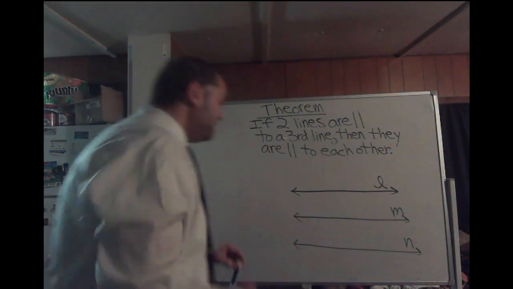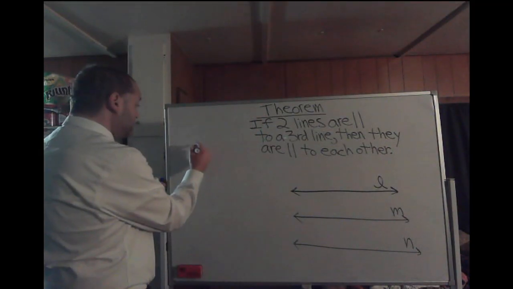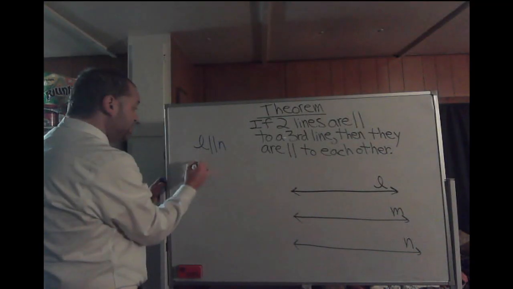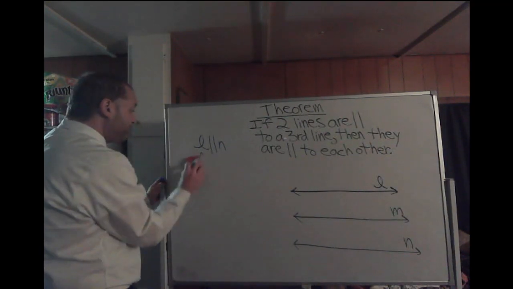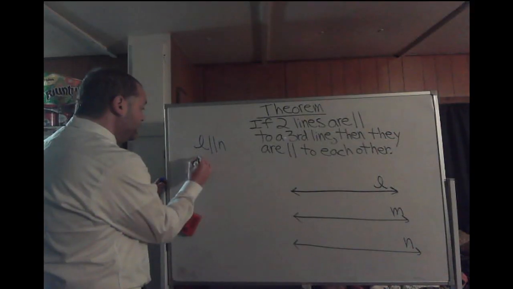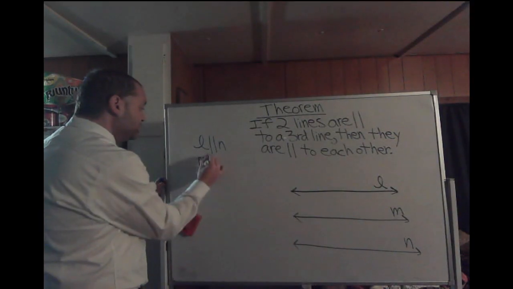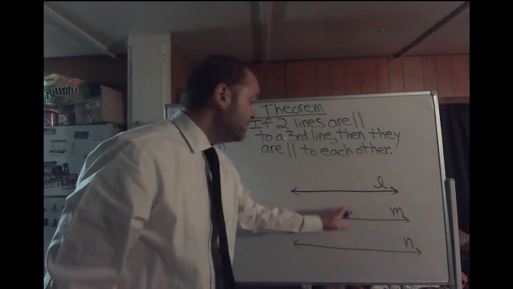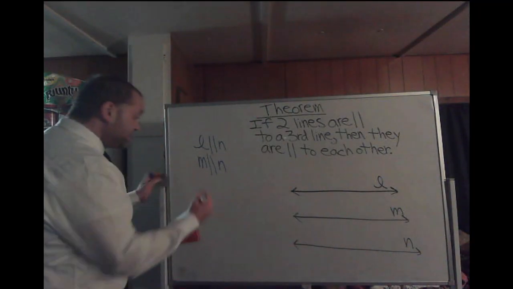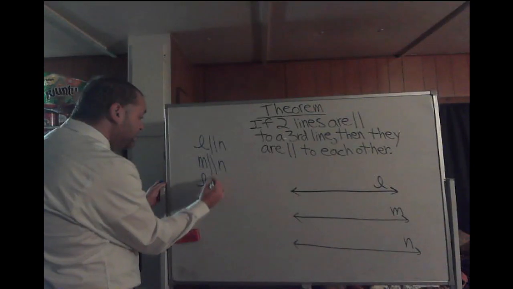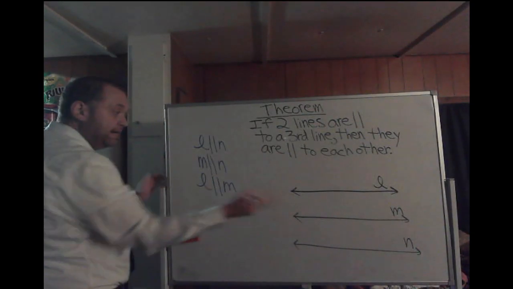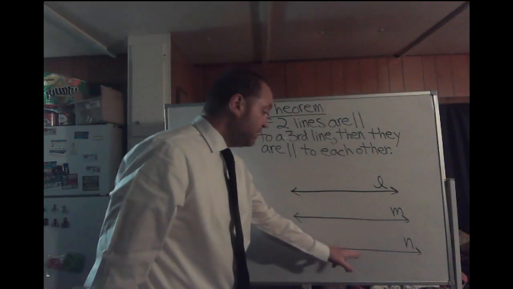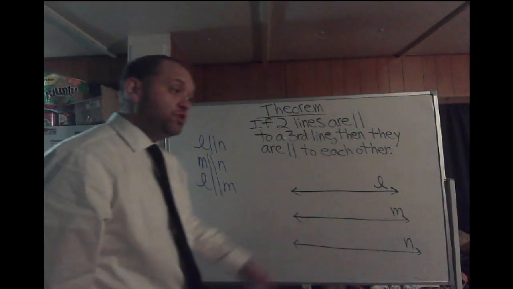So we're going to be given here that line L is parallel to line N. Line M is also parallel to line N. So we have L parallel to N, we have M parallel to N. Well, that's going to mean then simply that line L would be parallel to line M. So if these two lines are both parallel to N, then these two have to be parallel to each other.